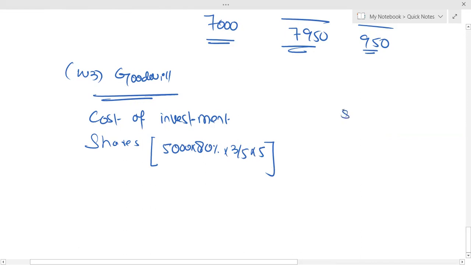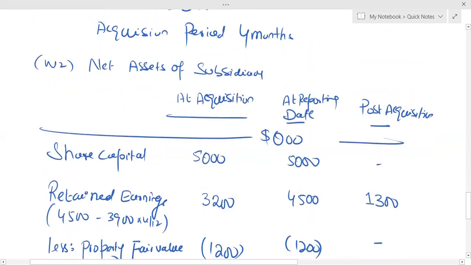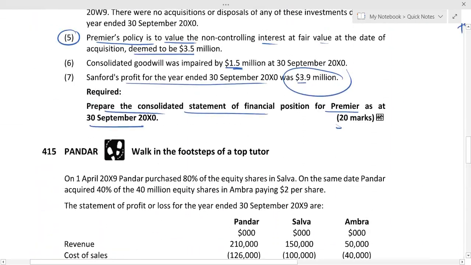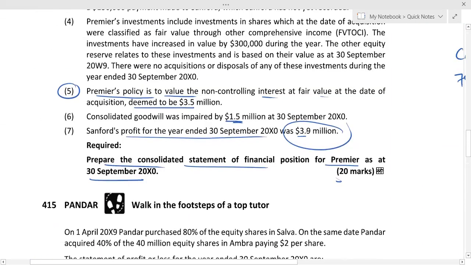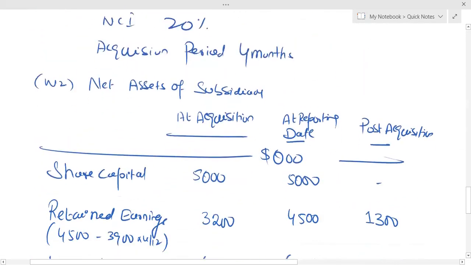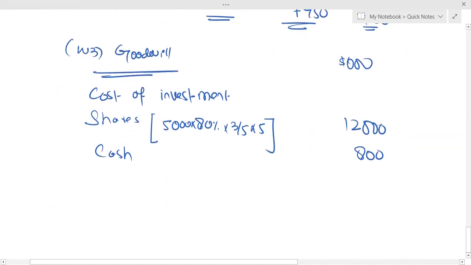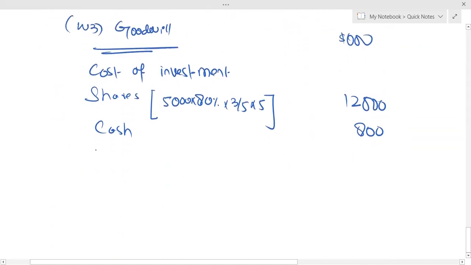I'm ignoring 3 zeros. So shares have a value of 12,000. Parent has given the cash, which is 800. Fair value of NCI they have given us directly. Fair value of NCI is 3.5 million, meaning 3,500. NCI value at acquisition they have given us.